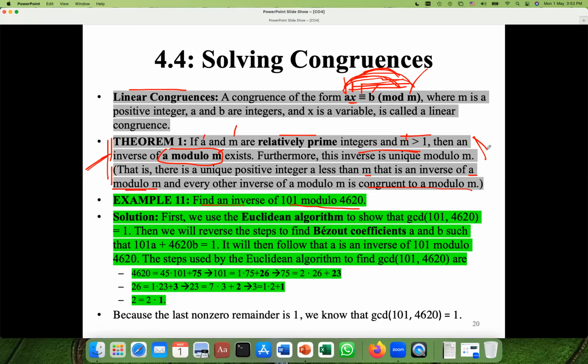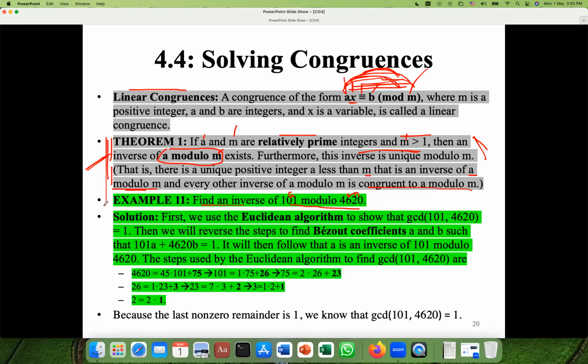So if A and modulo M are given to you, even if it is not said that they are relatively prime, and it is asked to find an inverse, that is the theorem now.